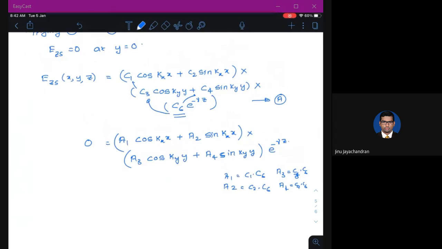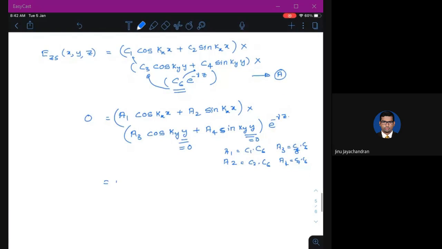Now, at y equal to 0, you need to substitute y equal to 0 here, and this is also equal to 0. So this is A1 cos kxx plus A2 sin kxx multiplied by cos 0 is 1.